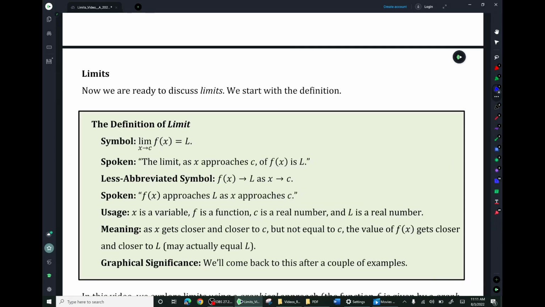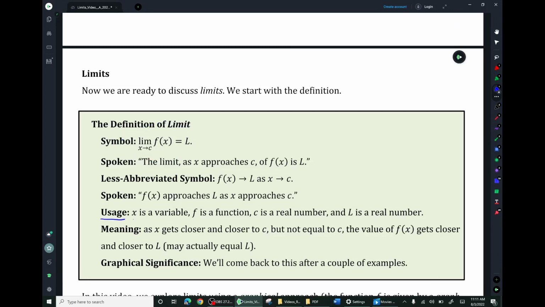Now before I tell you what this symbol means, I need to tell you what the various parts are that make up the symbol. That is, this x, this c, this f of x, and this L. That's what I refer to as the usage of the symbol. When you want to write a symbol like this, what are the parts that you have to have available in order to build that symbol?